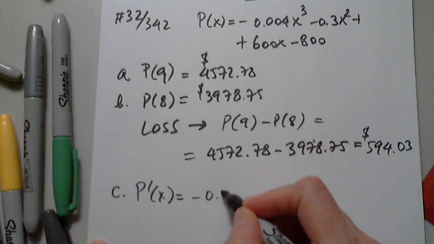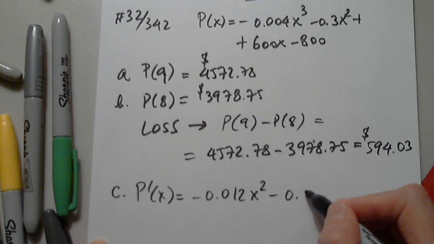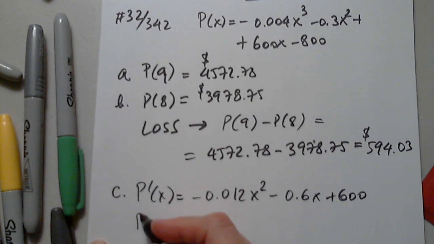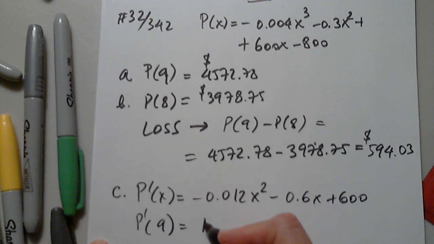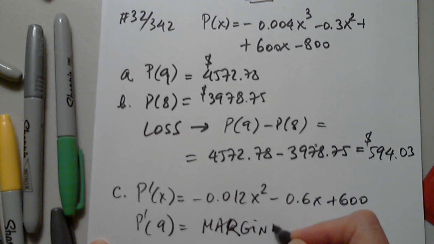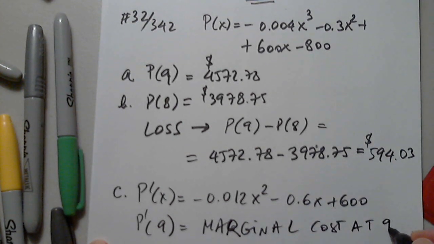So negative 0.012 x squared minus 0.6x plus 600. Now P prime of 9 is the marginal cost at 9 when they manufacture 9 laptops.